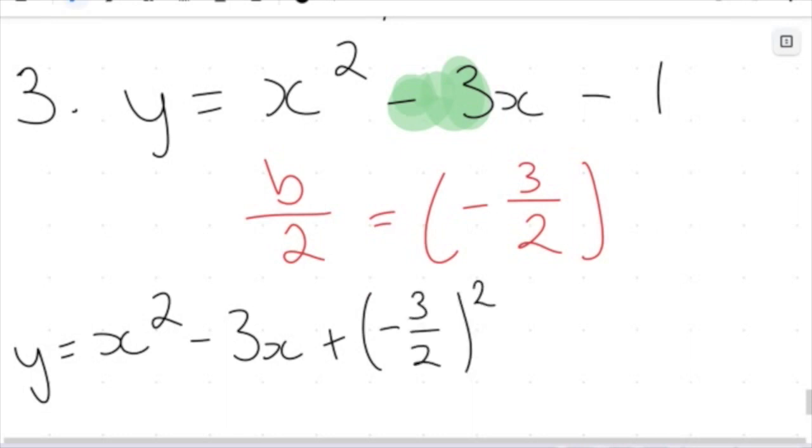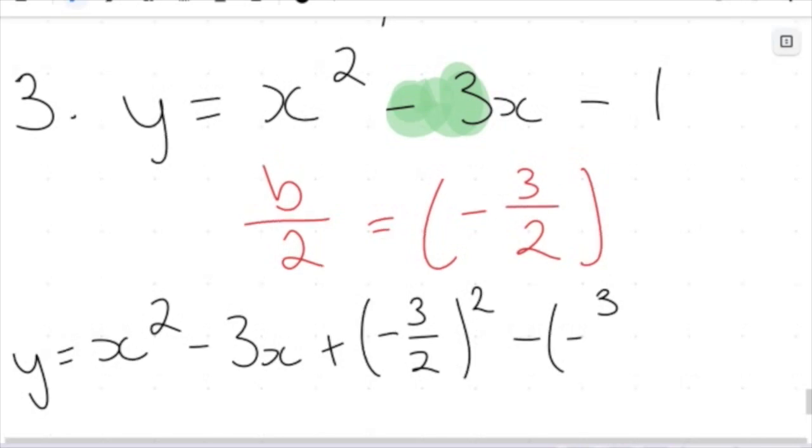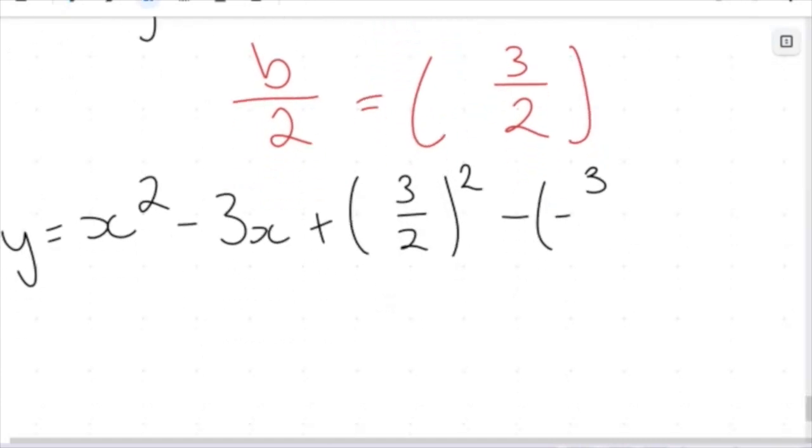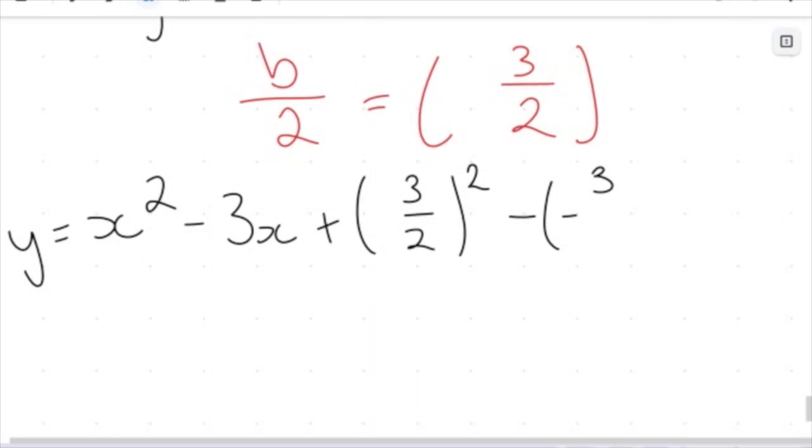And remember, we can't just add this out of nowhere. We need to subtract this again, so we have minus 3 on 2 squared here.